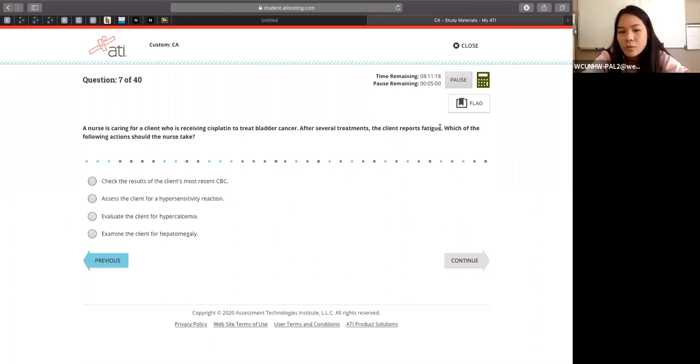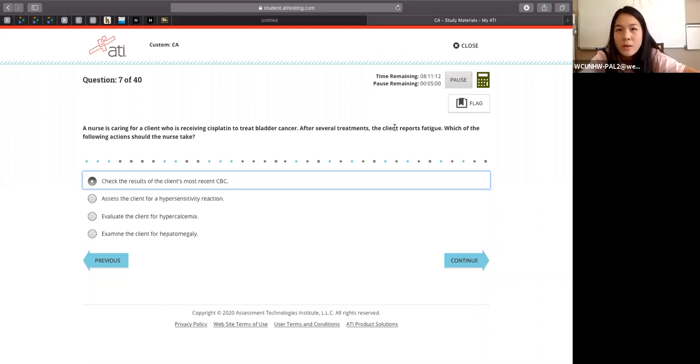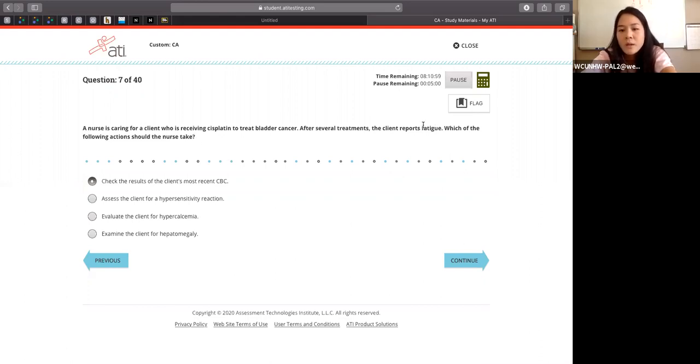Is it A? Yes, it's A, because their blood count, their red blood cells, help deliver nutrients and oxygen. If their red blood cells are diminished, are they going to be getting the nutrients that they need? No, right? So that's why they feel fatigue. So the answer would be check the complete blood count.